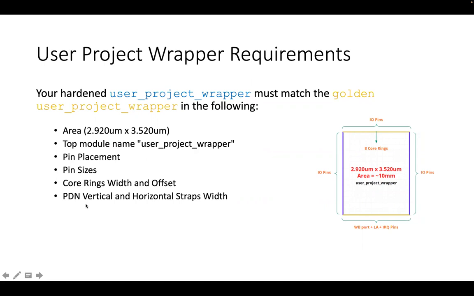Also, you cannot change the PDN vertical and horizontal straps width. And again, you shouldn't worry about that, since we are going to use a ready-made user project wrapper. So even this step has been done for you, but you should take note of these requirements and make sure that you do not change any of these during your design.